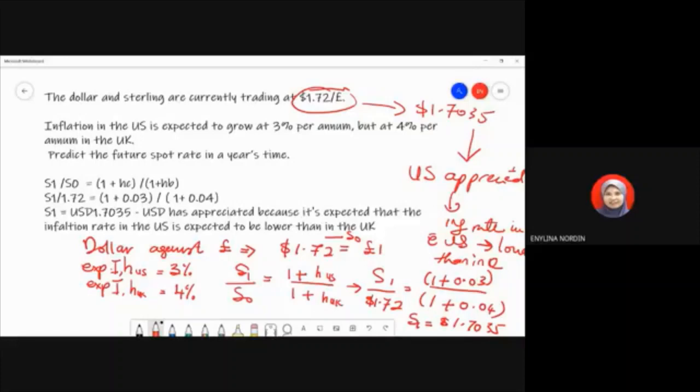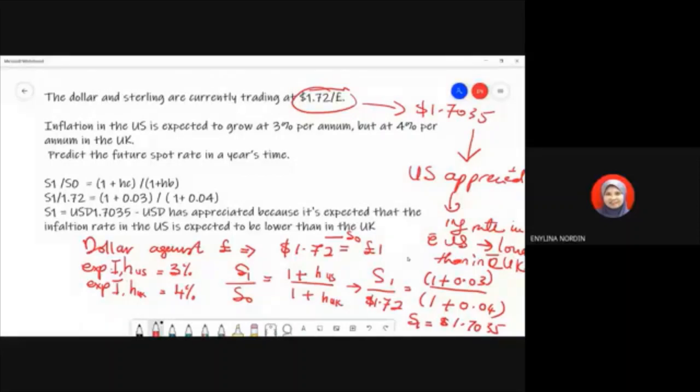That is how we apply the PPP. This is for 1 year's time, meaning next year. If we want to know what's going to happen to the exchange rate next year, we can use this PPP theory to predict or estimate the exchange rates.